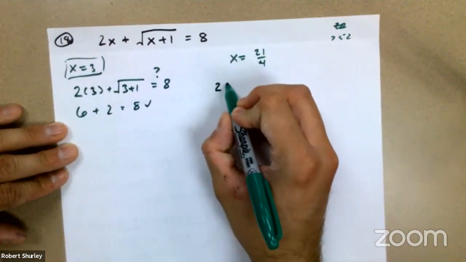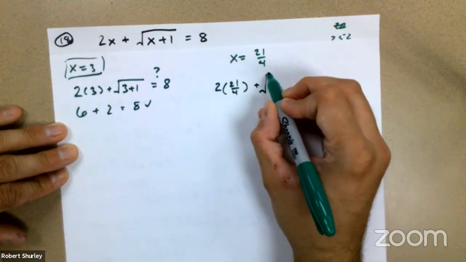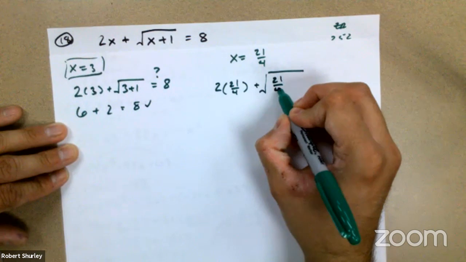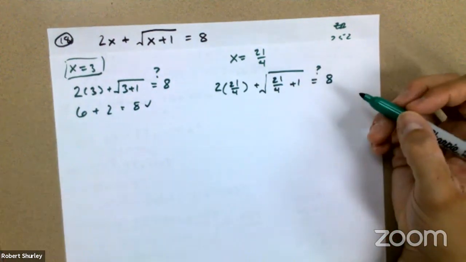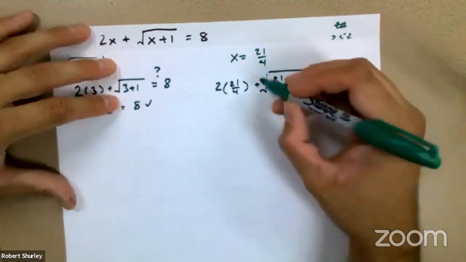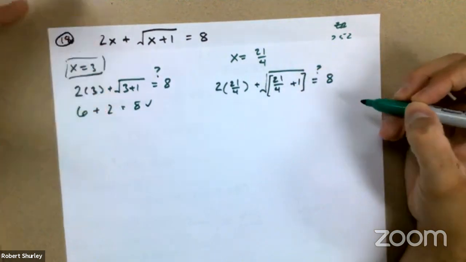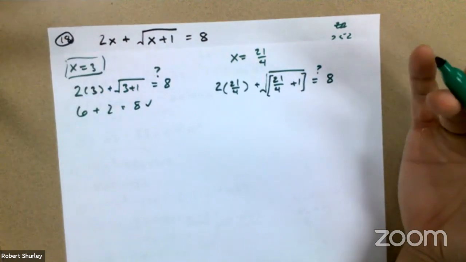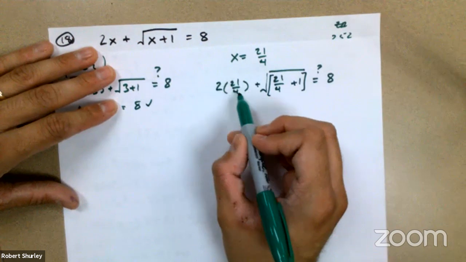So we get 2 times 21 fourths plus the square root of 21 fourths plus 1. And I want to know, is that equal to 8? Now look, this would be the time to take your calculator out and add those two together because it can do it and it'll pop it out. I'm going to do it real fast. Actually, let's multiply these first. 2 times 21 divided by 4.